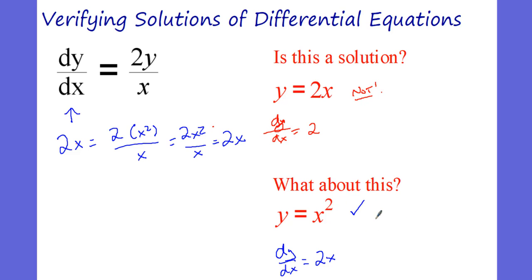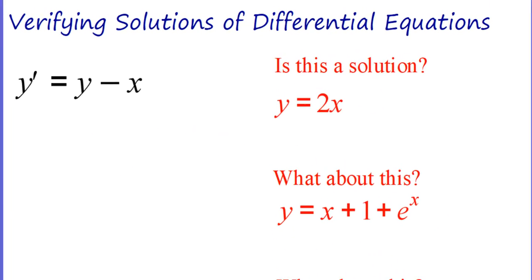Yay! That is a solution. It might not be the only solution, but it is a solution. It is analogous to taking a number, putting it in a polynomial, and seeing if it becomes 0, say by synthetic division or something like that. So we're verifying to see whether this is correct.